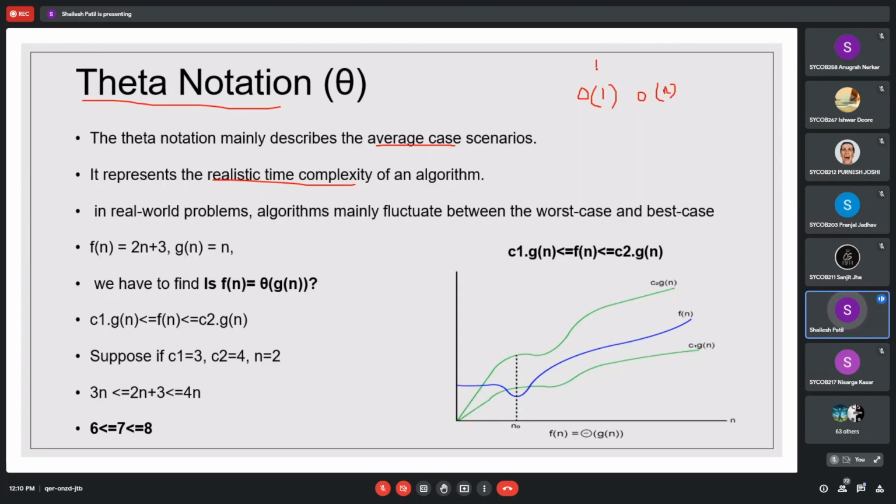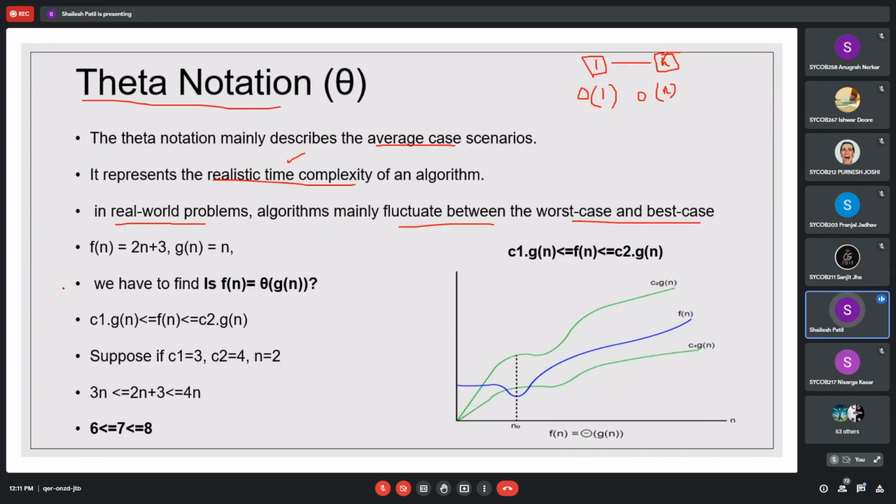It may range from 1 to n. Realistically, the element will not always be at the first or last position; it may be anywhere from first to last. For that purpose, we call theta notation the realistic time complexity. So in real-world problems, an algorithm mainly fluctuates between the worst case and the best case.